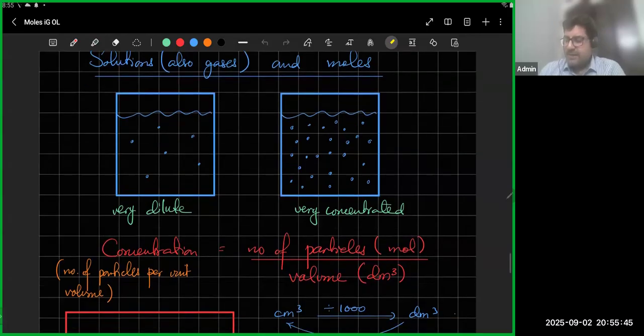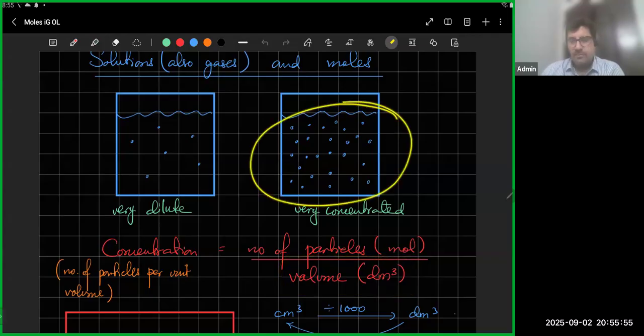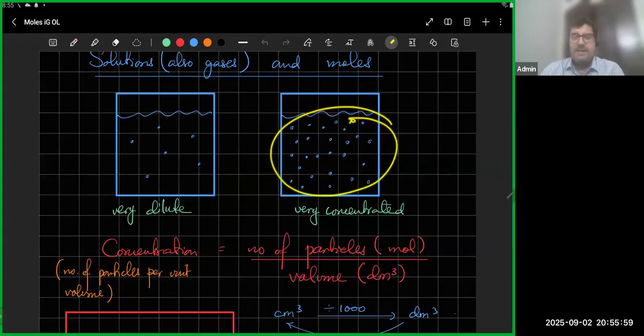So what is concentration? It's the number of particles, which you're going to count in moles, divided by the volume of the container. It's the number of particles in a particular volume. If the number of particles is more, that means it's more concentrated. If the number of particles in a particular volume is less, that means it's dilute or less concentrated.